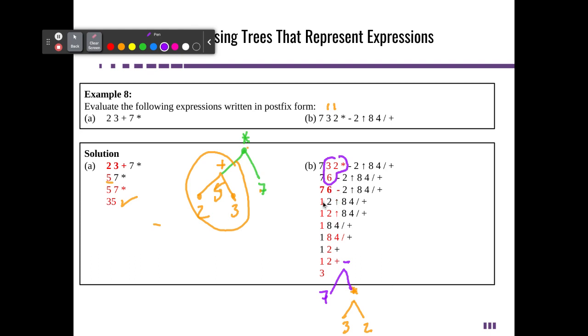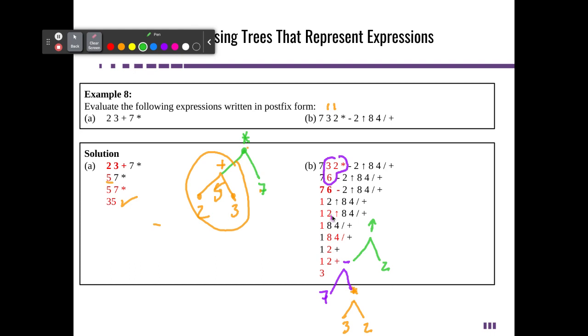All right, that gives us 7 minus 6, which is 1. And then it would be 1 and 2 squared. So we'd be taking this guy right here, and we'd have an up arrow, and we'd have a 2 right there.